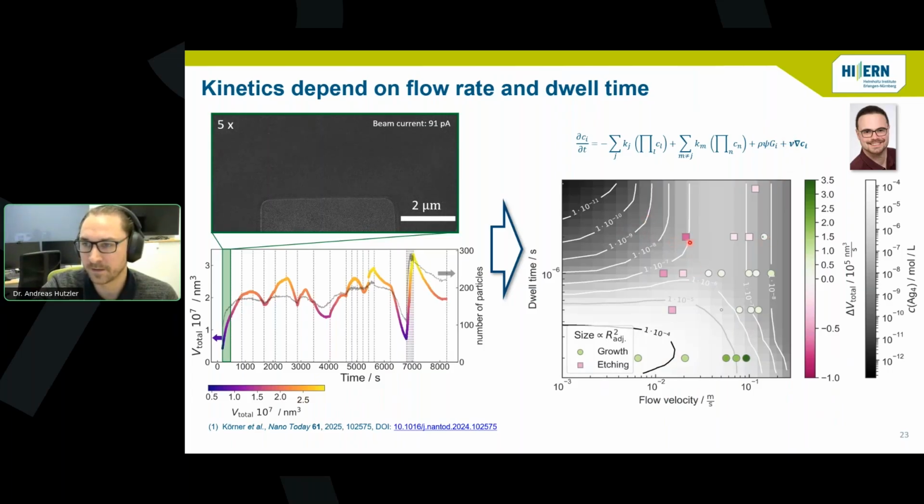And when we now look at this one species that we identified of being responsible for the growth of silver 4 clusters, we can see that we have a very low concentration in that region up here and here, whereas in the low dwell time and high flow velocity regime, also at low flow velocities, we have a very high concentration of these species, which would already indicate growth.